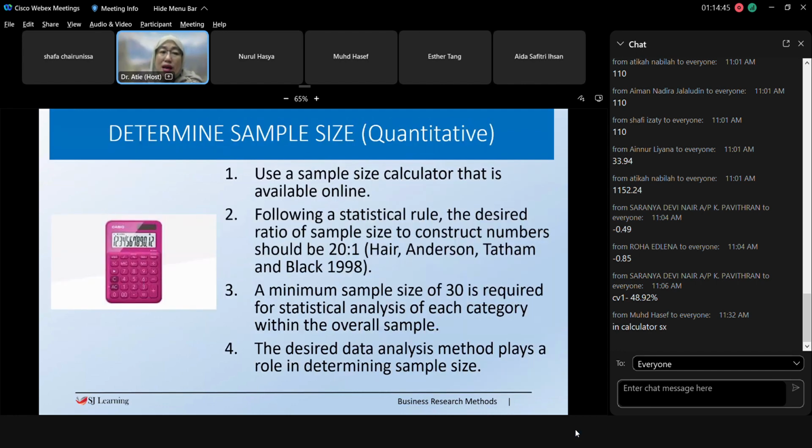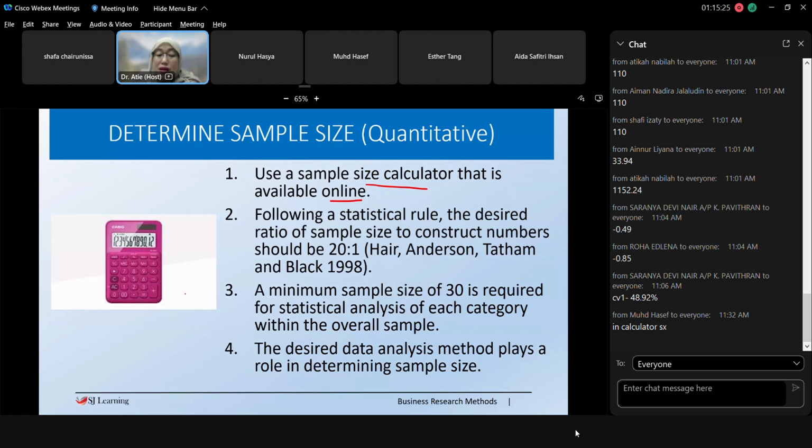How can you determine the sample size? There are many ways of doing it. The first is to use a sample size calculator, which is very trending nowadays. Instead of doing it manually, you can now use an online sample size calculator. I will show you right after this. We can also use statistical formulas and statistical rules to decide how many samples we need for a certain population.